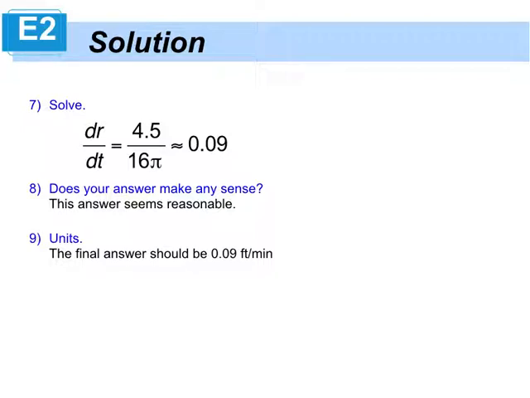Feet. The bottom is time: what are our time units? Minutes. Feet per minute. Done. If you solve for dV/dt, that would be volume over time. Use what you're solving for to get that final answer.